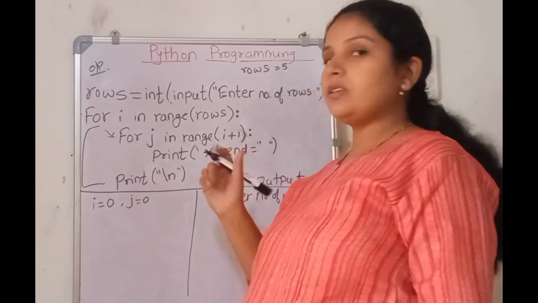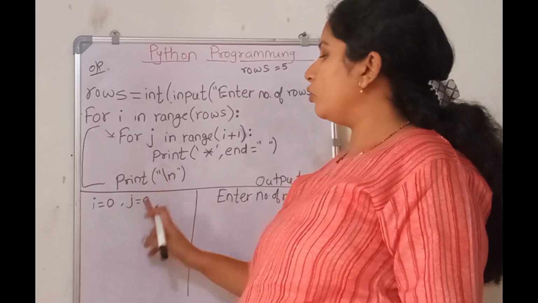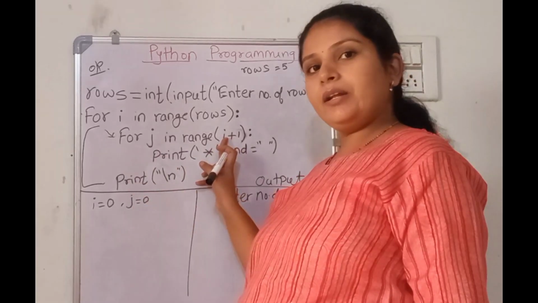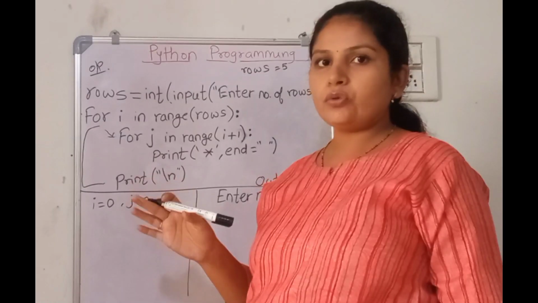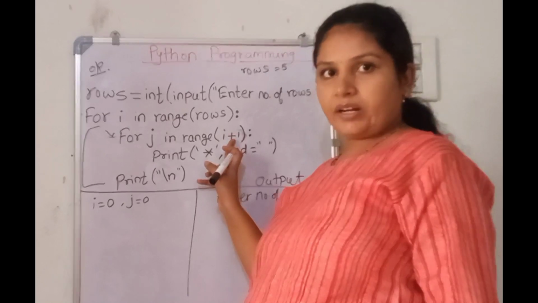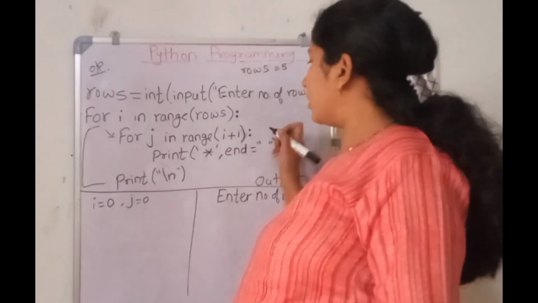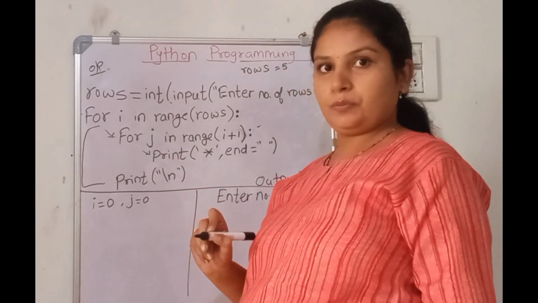So i plus 1 is 1 right now. Here j value is 0 and the end limit is i plus 1, that is 0 plus 1. Condition true? Yes, because 0 is less than 1, right? We are going inside this for loop.